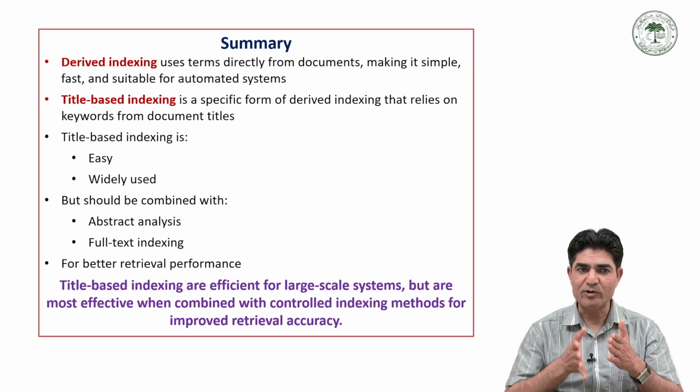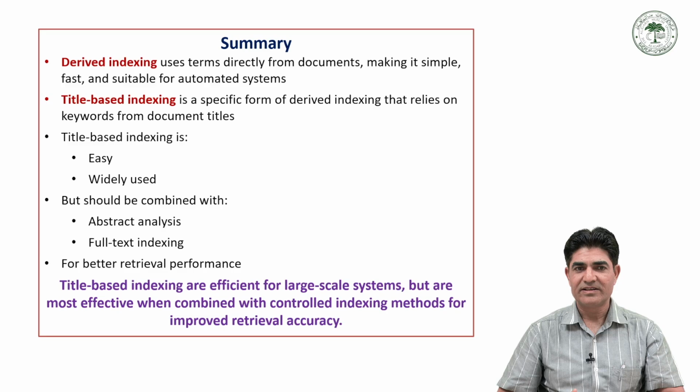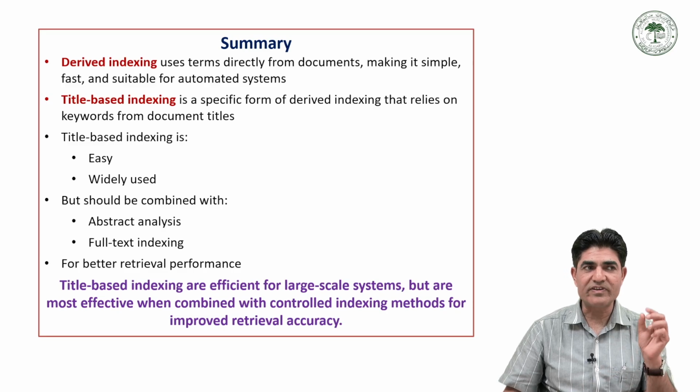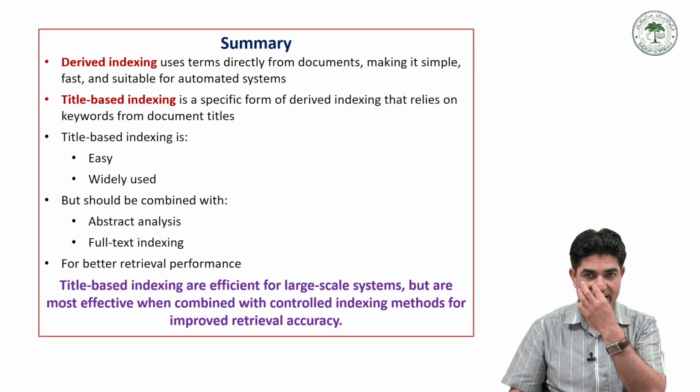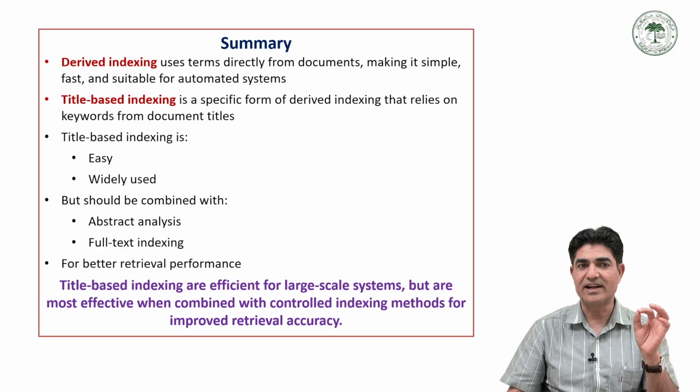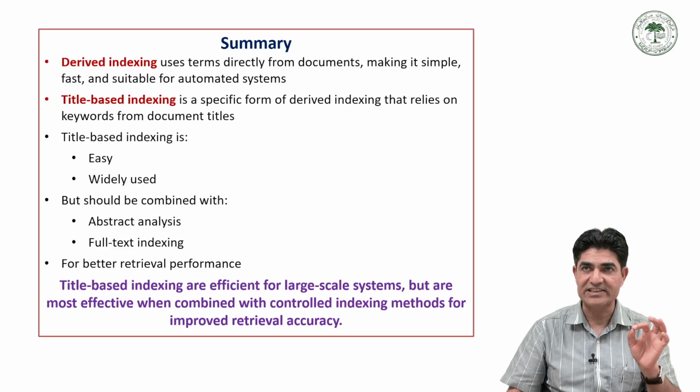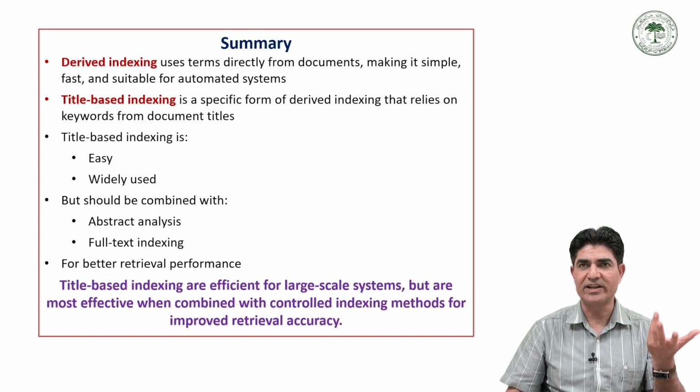Title-based indexing is a specific form of derived indexing that relies on keywords collected and extracted from the titles only. It is very easy because we can automatically extract some of the important words from the title of the document. It is widely used in databases, digital libraries, and even in search engines.